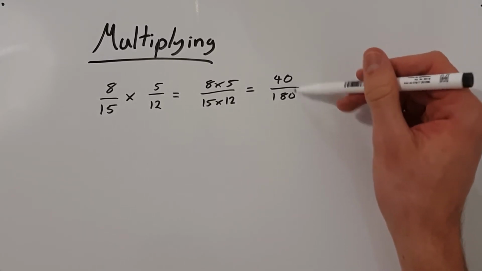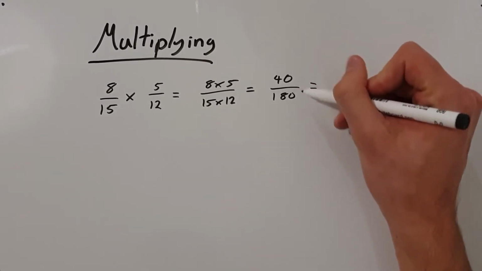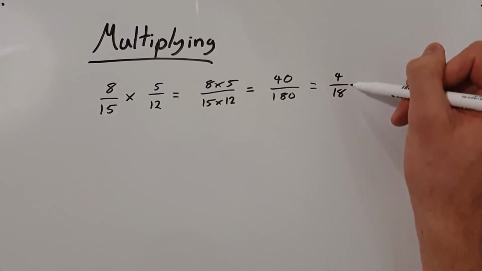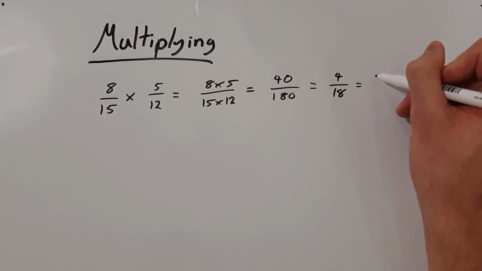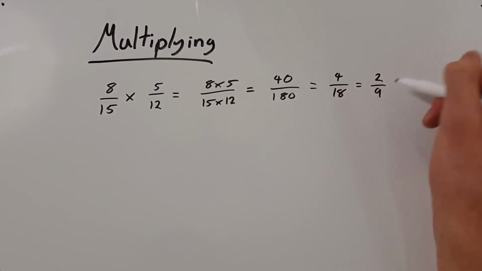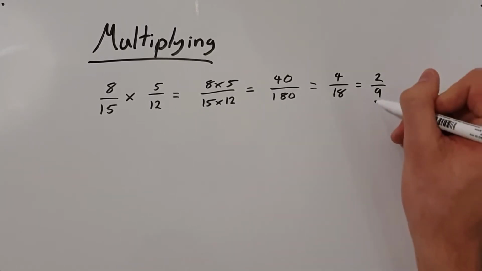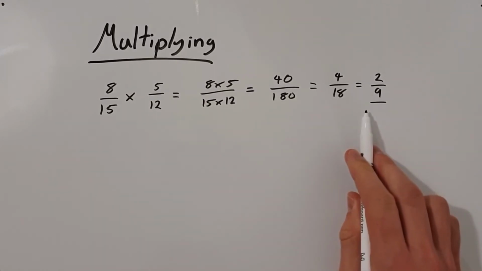The obvious one would be by 10. So we could divide both sides by 10, and we end up with 4/18. And then of course, both of these are even, so we can halve them, and that would give us 2/9. And I think that is it. We can't simplify it anymore. So that was our final answer at the beginning, 2/9.